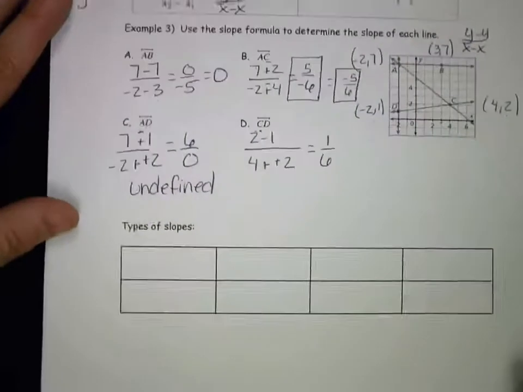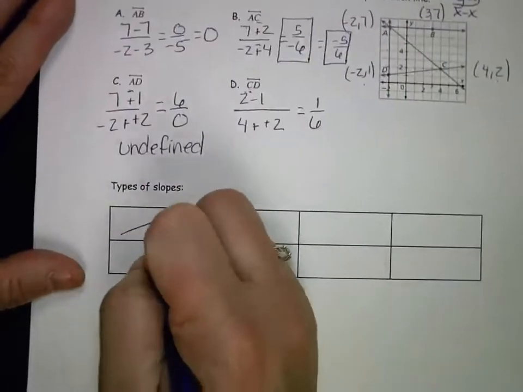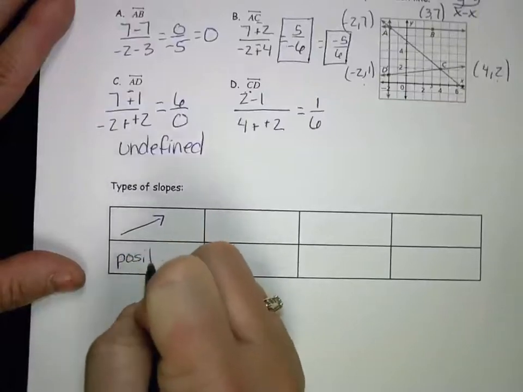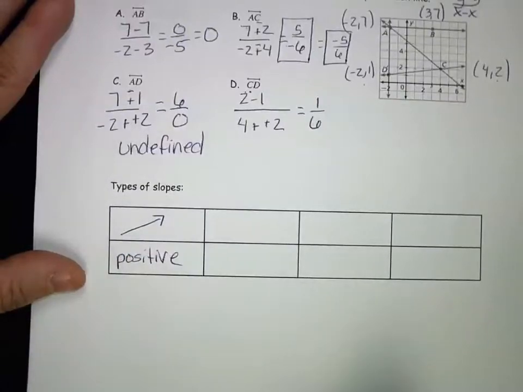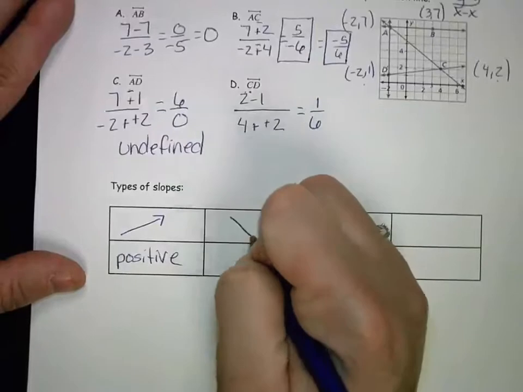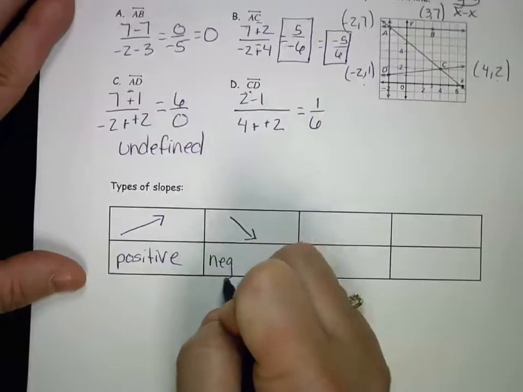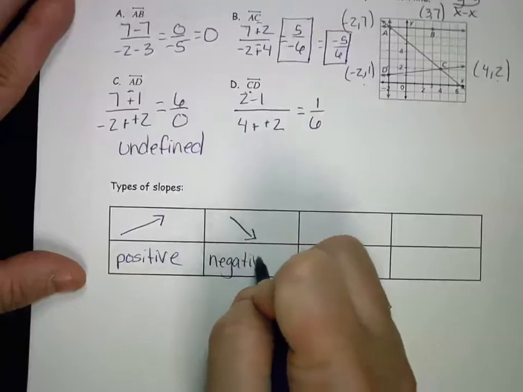And that leads us to our 4 types of slope. If your line goes up, that is positive slope. If your line goes down, that is negative slope.